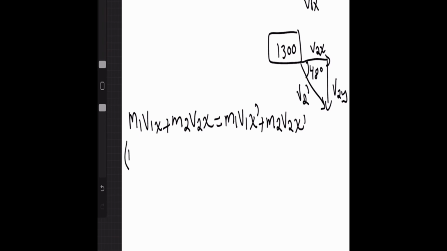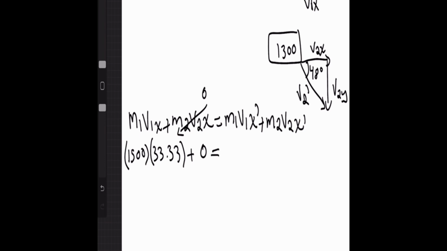So mass 1 is 1,500. V1x is our 33.33. This will be added to nothing on this side because the initial velocity for mass 2 is 0, so that cancels this out.